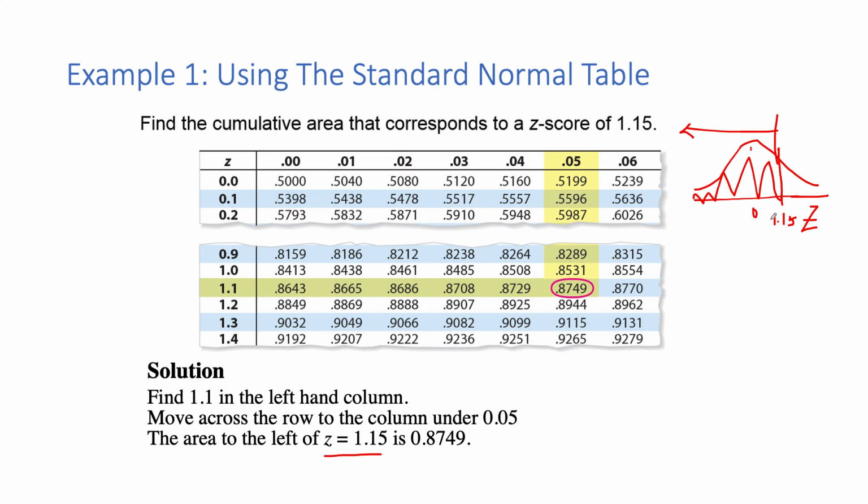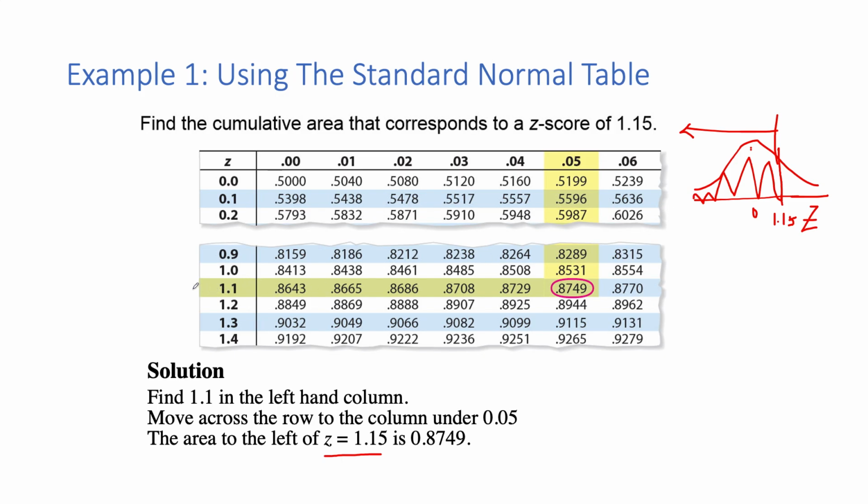Okay, so that's the way to read these tables. I'll post the table on Blackboard, and you'll have plenty of practice using the table and calculating these probabilities on the homework. But it's critically important to recognize that what the table is reporting is cumulative areas, and by cumulative areas we are talking about areas accumulated when you start from the left end of the distribution and travel up to whatever z-score.